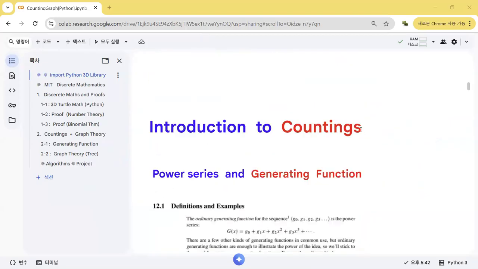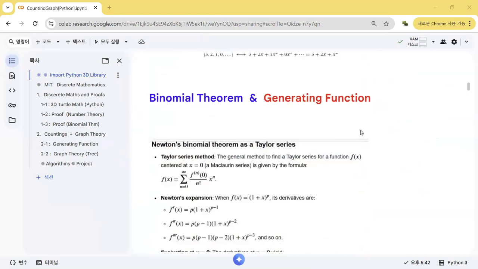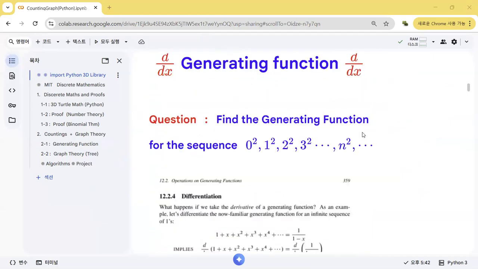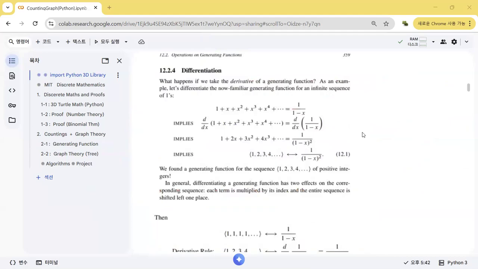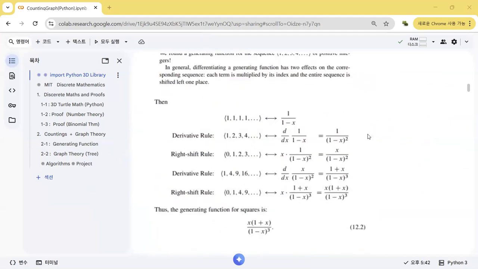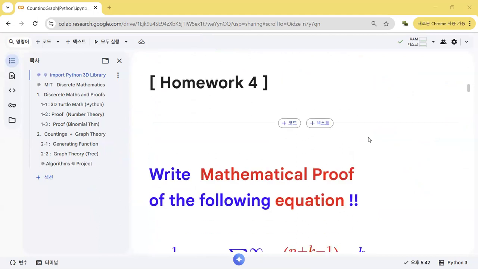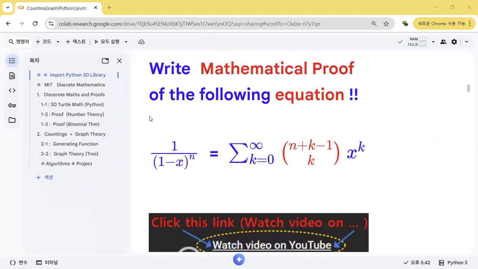But now you can use differentiation and integration. Okay, now homework 4 is to write a mathematical proof for the following equation. So this is the Monday quiz problem. Okay, (1-x)^(-n).